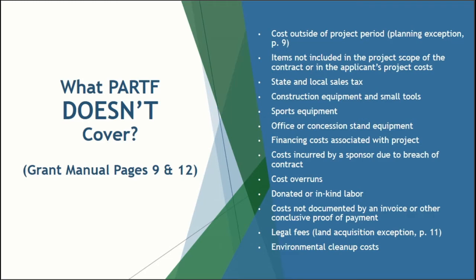There is a land acquisition exception on page 11 of the manual. Environmental cleanup costs are also not covered. If you have a question about the eligibility of an expense, your RRS consultant should be able to clarify.